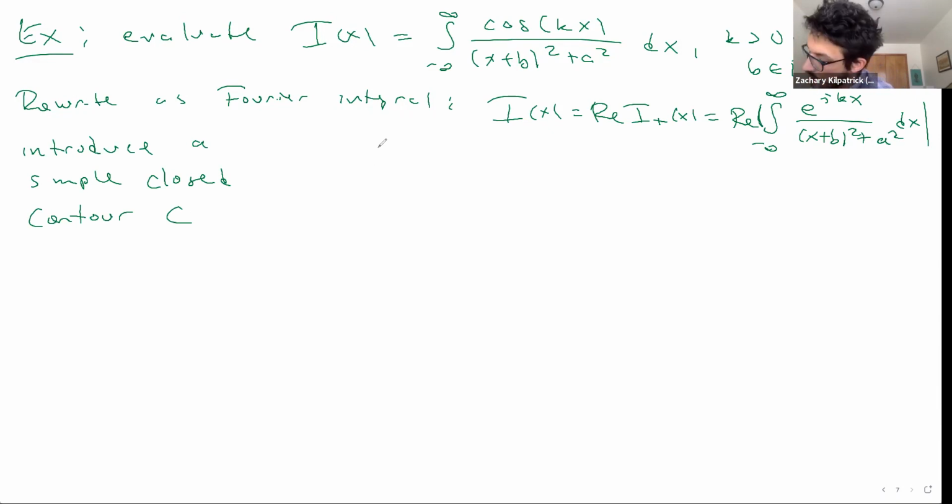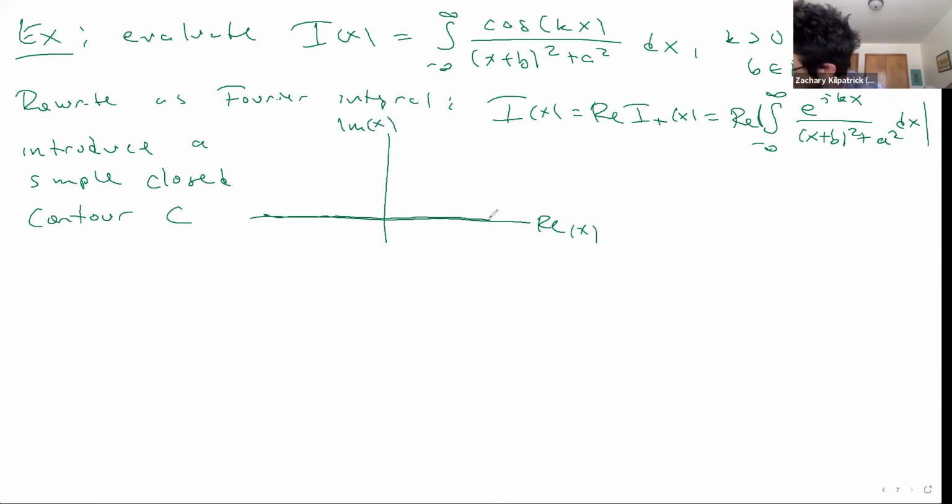If I draw the complex plane for this problem, real part of x and imaginary part of x, I'm going to draw the following contour. This is a contour that we're living on in the actual integral.